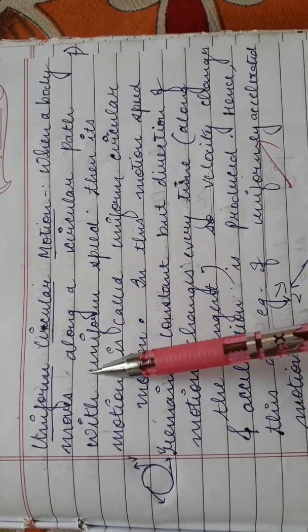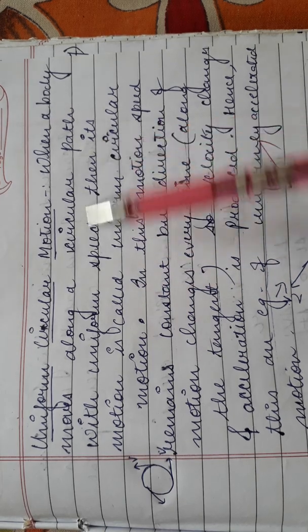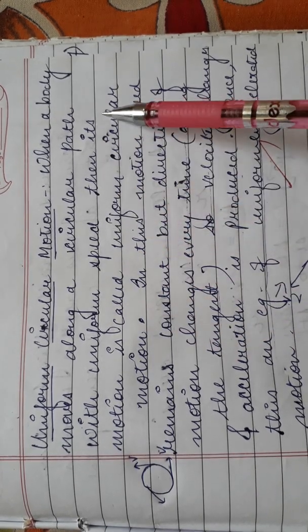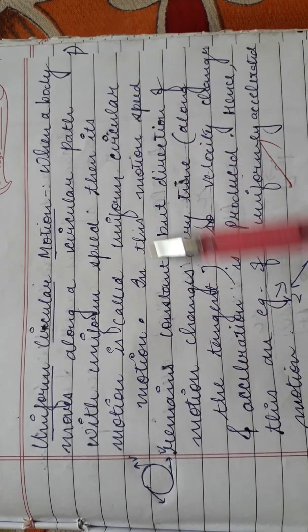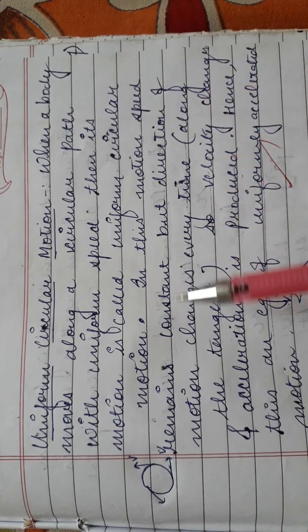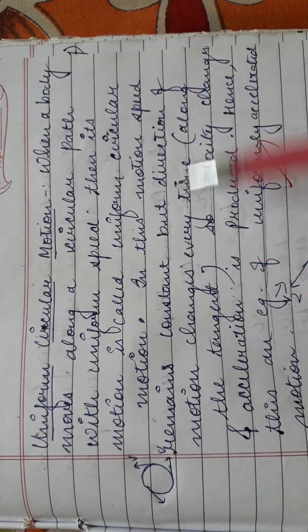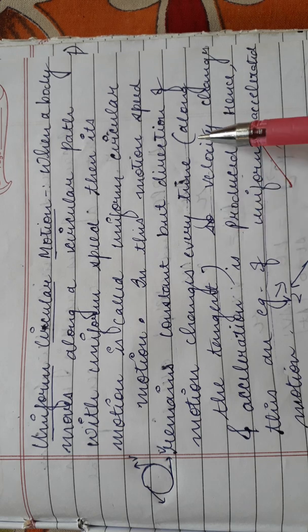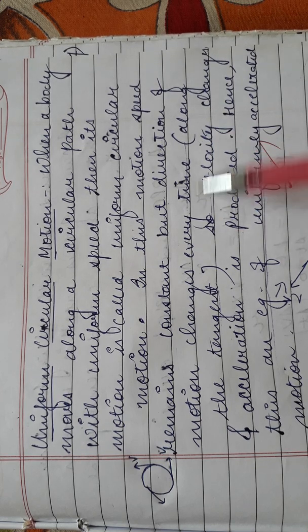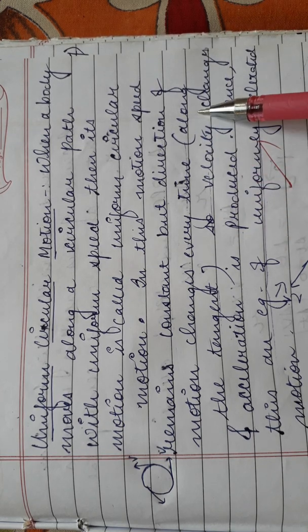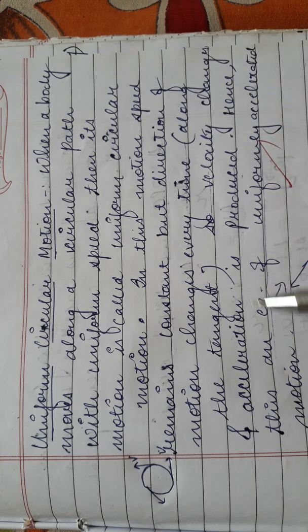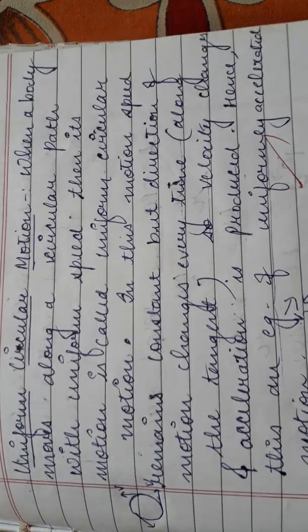So when a body moves along a circular path with uniform speed, then its motion is called uniform circular motion. In this motion, speed remains constant, but direction of motion changes continuously, and at any time it is along the tangent. So velocity changes and acceleration is produced.